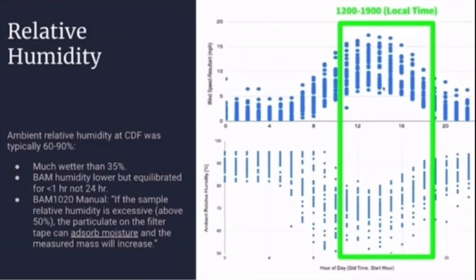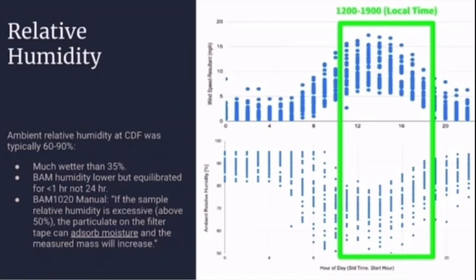I mentioned that the BAM sometimes gets water stuck on it. That's because at the CDF site, the relative humidity varies from about 60% to 90%, and there's a daily cycle that mirrors the wind speed, but it also mirrors the temperature. In the afternoon, during the hotter times, humidity is a little lower, but the entire time it's much wetter than 35%, which is the regulated humidity you're supposed to measure at.